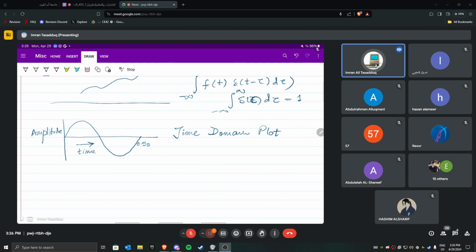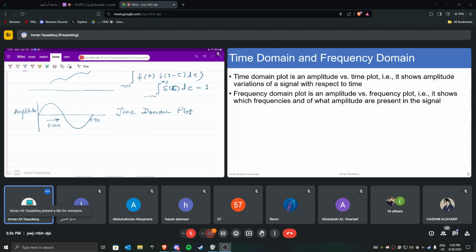Now let me bring the slide as well. If you look at this signal in the time domain, what is the frequency of this signal?